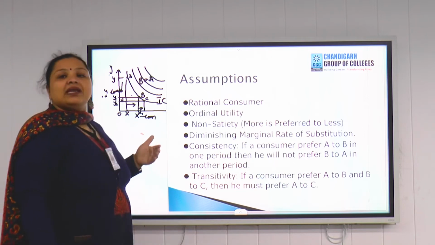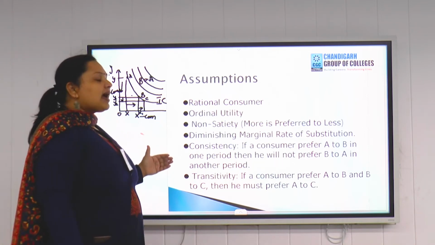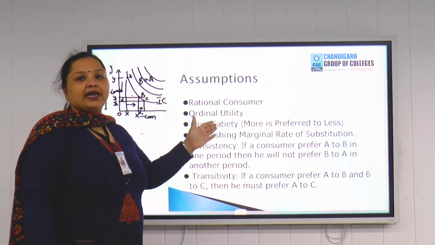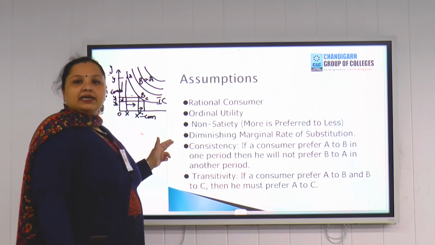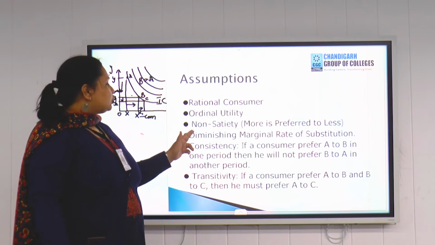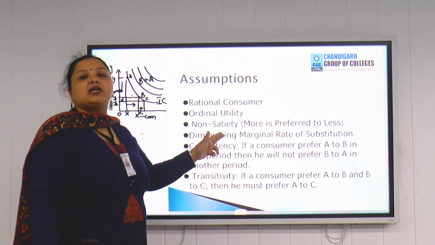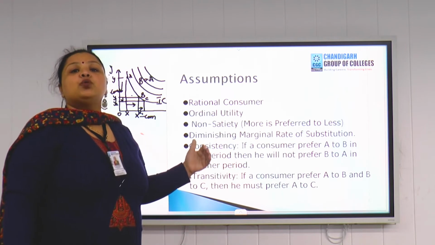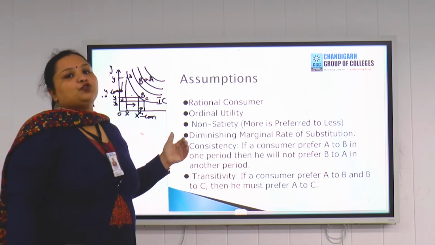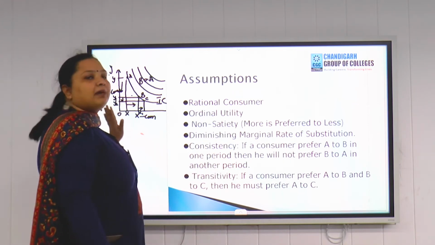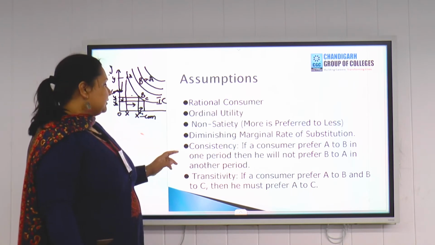So to remain at the same position, we have to sacrifice one thing to get another, and that rate will be diminishing. So the indifference curve is based on diminishing marginal rate of substitution. To increase one commodity, the consumer has to decrease another, but at a diminishing rate.